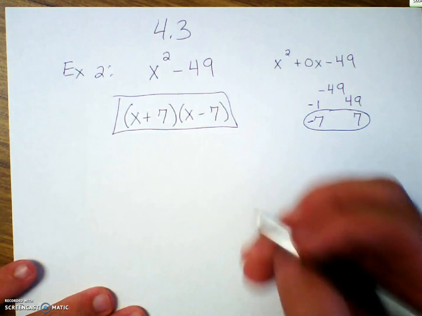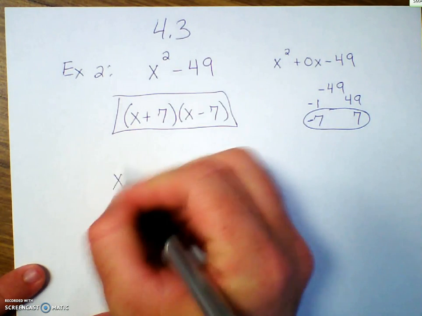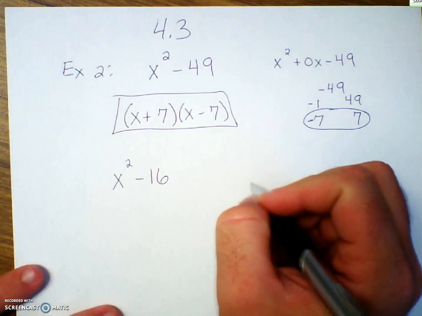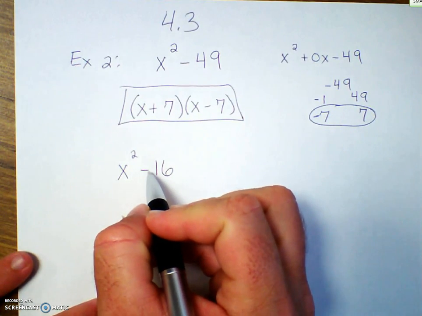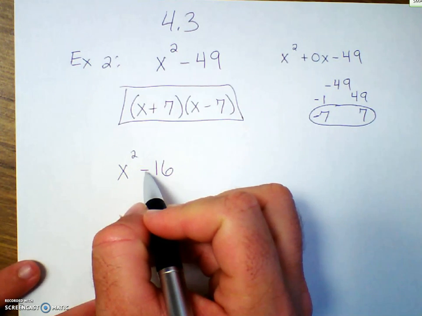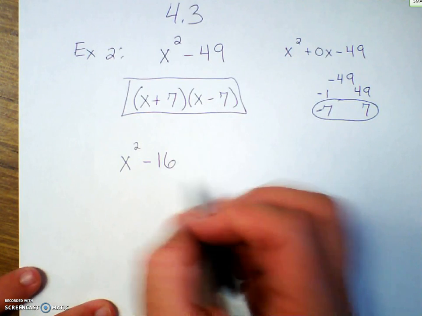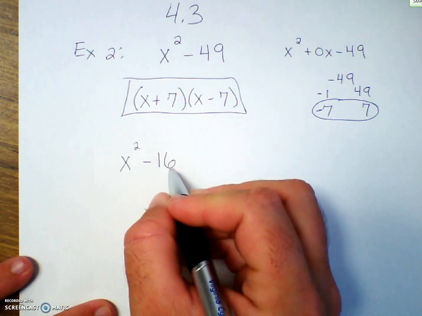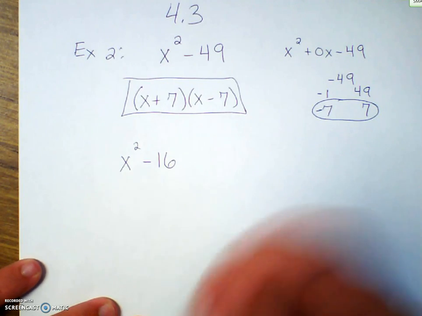Now the way that I would do it if it were me just working this problem out, for instance, if I had x squared minus 16: 2 terms, it has to be a minus sign. Has to be. If it's not a minus sign, this question won't work. And the way I look at it is, if you can take the square root of this number and it gets you a perfect square, then you can factor this.